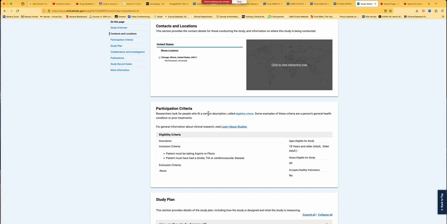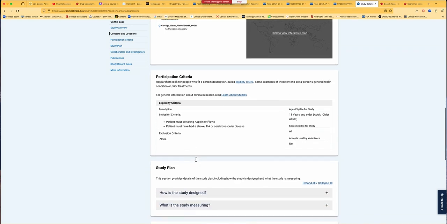What are the inclusion criteria to include a subject, and what are the exclusion criteria to exclude a subject? So here we see that we had no exclusion criteria. Patients had to just take aspirin or Plavix, and patients had to have had a stroke or other cerebrovascular diseases.